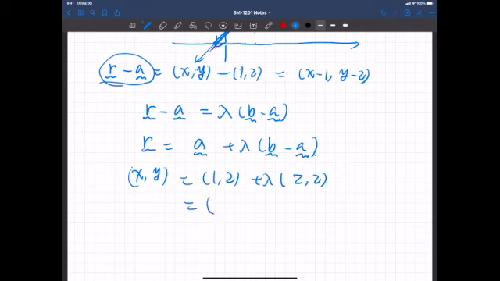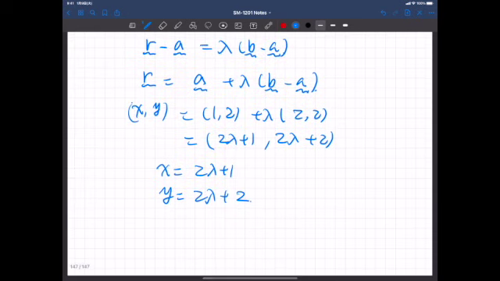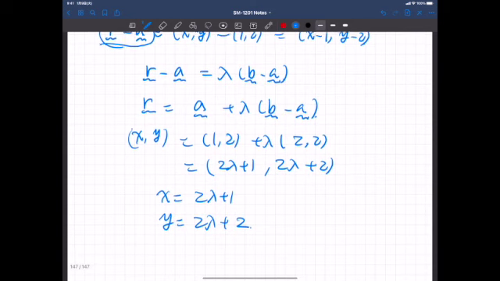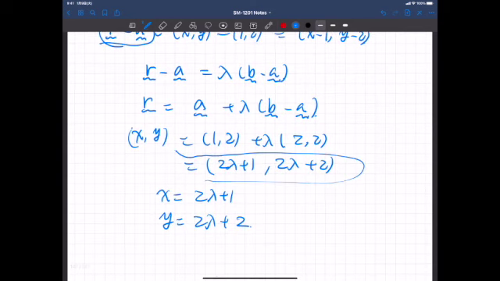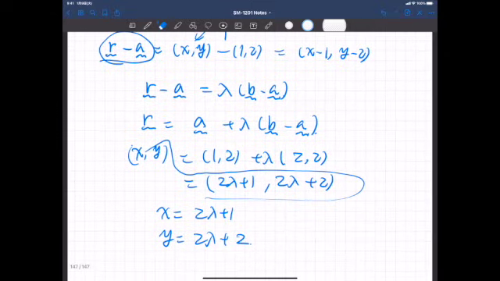So it's (2 lambda plus 1, 2 lambda plus 2). So x is equal to 2 lambda plus 1 and y is equal to 2 lambda plus 2. So this is already okay. Any point on this line can be expressed as (2 lambda plus 1, 2 lambda plus 2), where lambda is some real number.